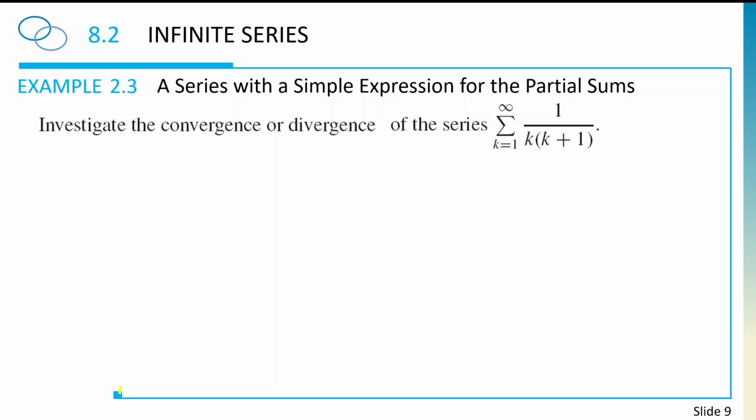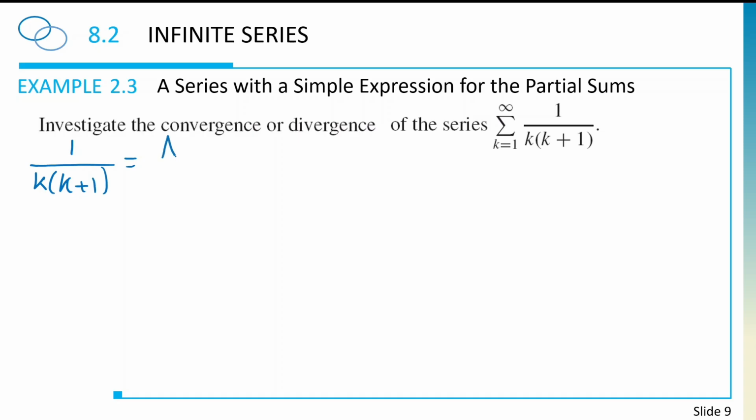So 1 over k times (k plus 1). If I need to do it as partial fractions, I need to prepare first, just as you covered in the previous chapters. Notice this is the case where we have two distinct factors, both of them linear.